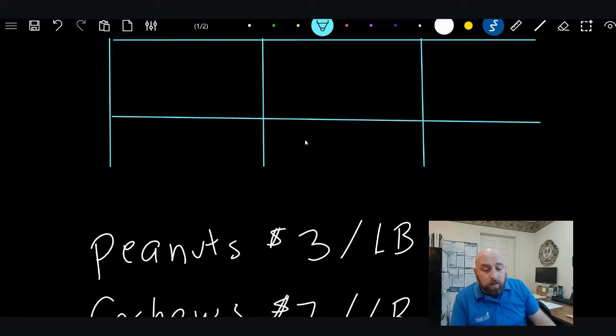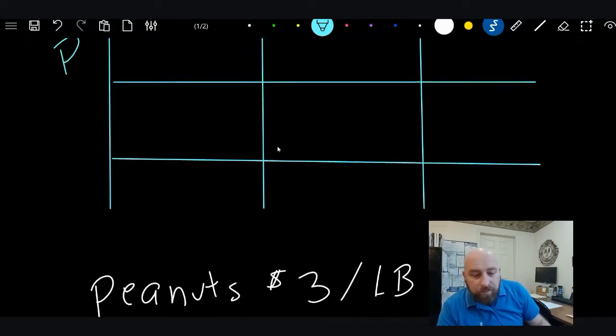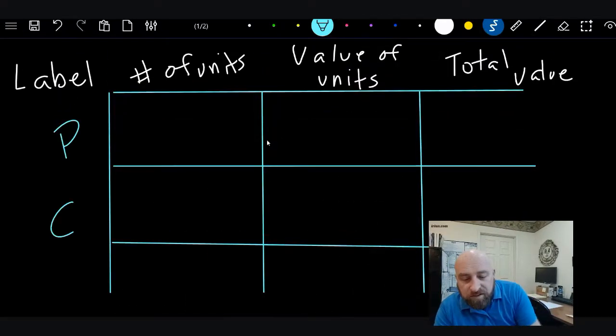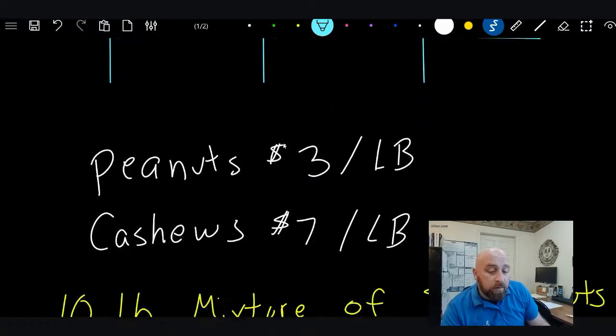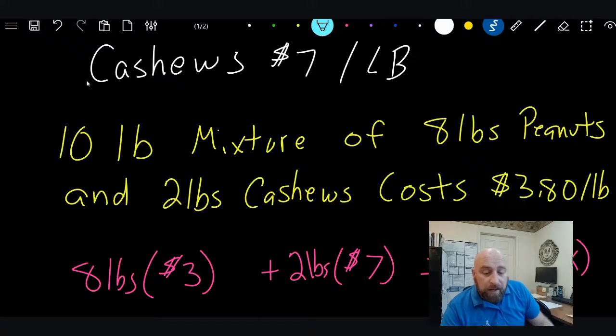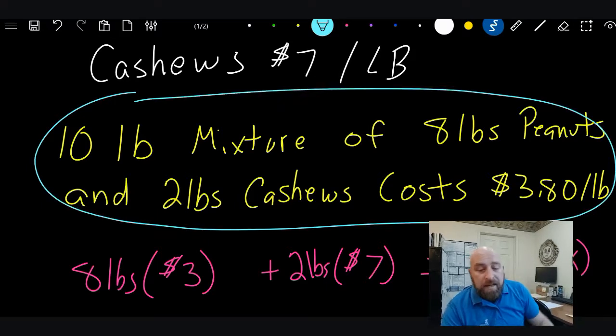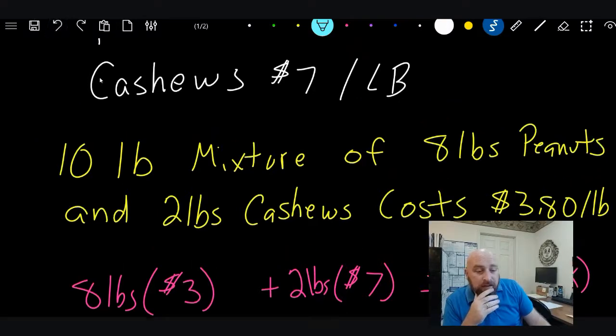So if we put it up here, I'll just put P for peanuts, and the next one is C for cashews. And so the number of units, well, in this problem right here, a 10-pound mixture of 8 pounds of peanuts and 2 pounds of cashews.